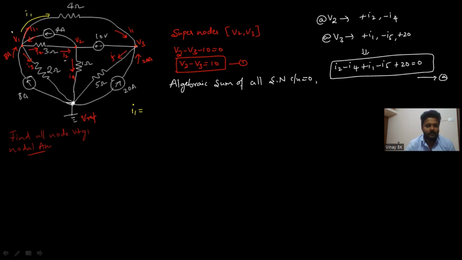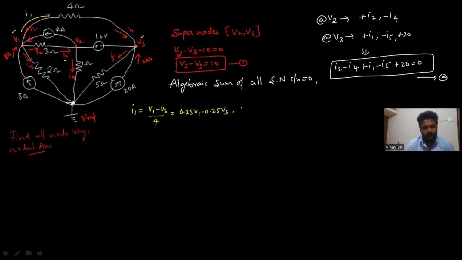This is I1. I1 is nothing but tail end voltage minus head end voltage, V1 minus V3 divided by 4. We can rewrite 1 by 4 as 0.25. So that's 0.25 V1 minus 0.25 V3.